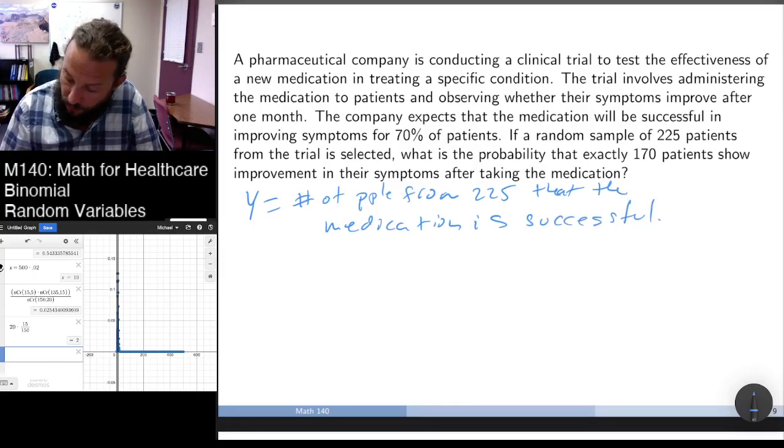And they're asking for the probability that Y is equal to 170.